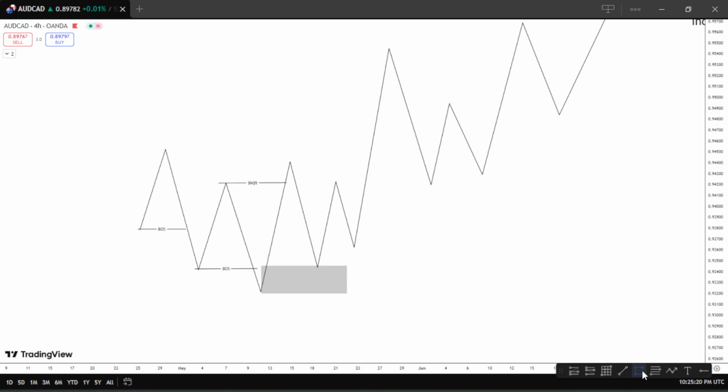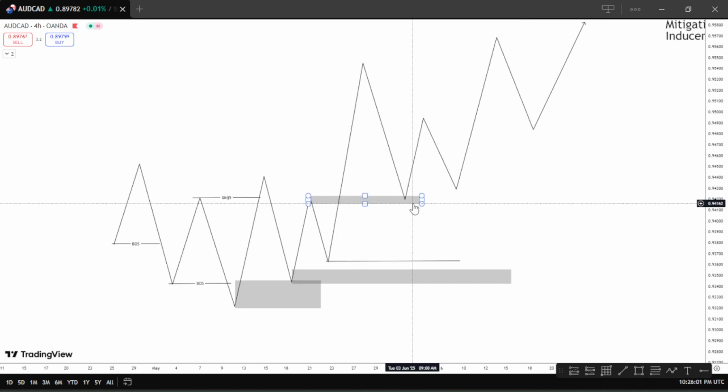So from this expansion, markets happen to leave behind a mitigation block around this point. And from hierarchy of entry models, mitigation block, the expansion type entry, is number one over other blocks. So if market happens to give you this now, just take your entry from the expansion type entry. There is a very low probability that the market will seek out this inducement and this extreme order block. Might just go this way and keep moving. Alright, so that's by the way.